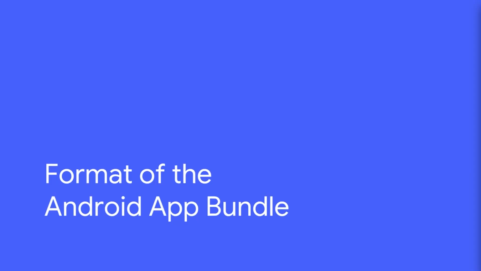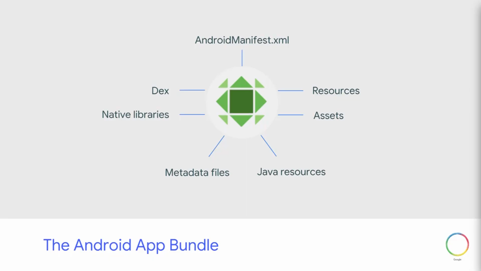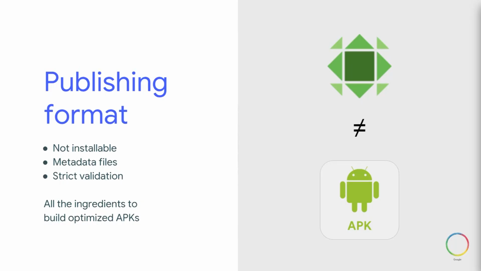Let's start with the format of the Android App Bundle. The Android App Bundle is a zip archive. It contains the files you're already familiar with in APKs, such as DEX files, Android resources, assets, and native libraries. It's important to realize that the App Bundle and the APK are two distinct formats with two different purposes.